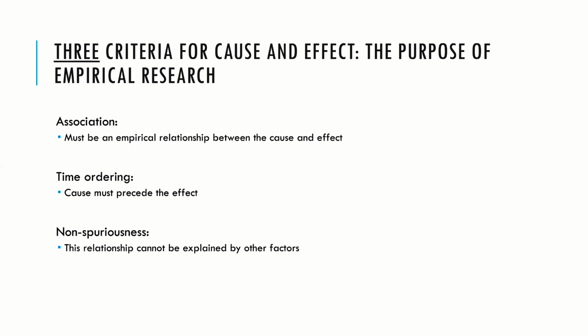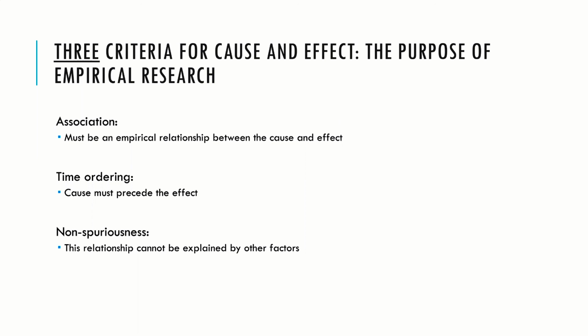Secondly, and relatedly to that first point, there needs to be proper time ordering. If you're saying something is the cause, it's causing something, and if it's causing something, it has to come before the outcome. It has to come before the effect.